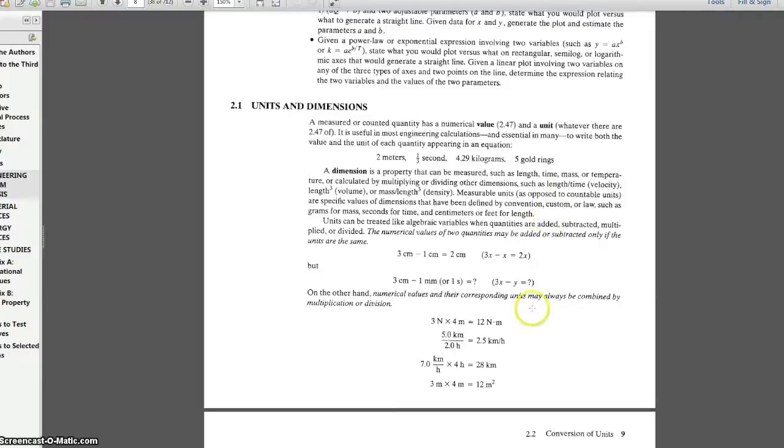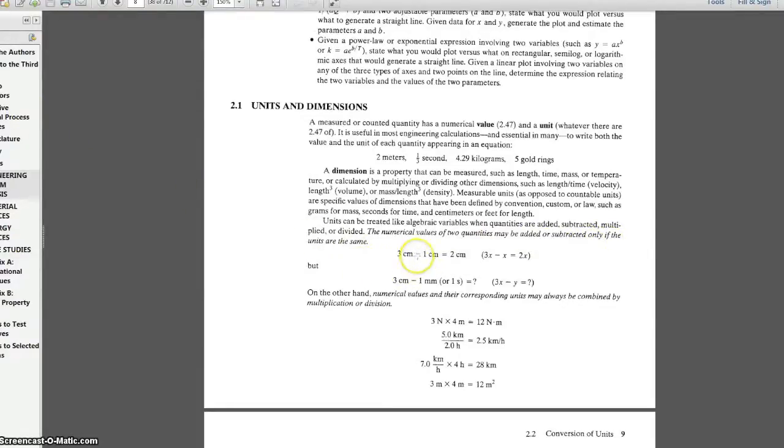Next is numerical value. Here, the numerical values of two quantities may be added or subtracted only if the units are the same.